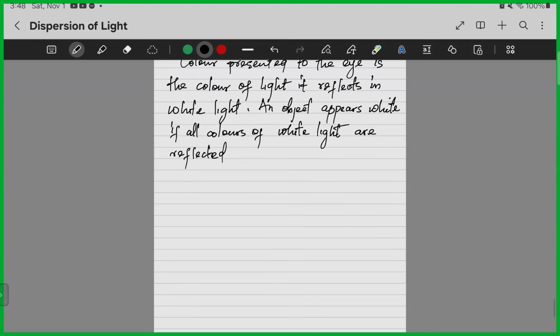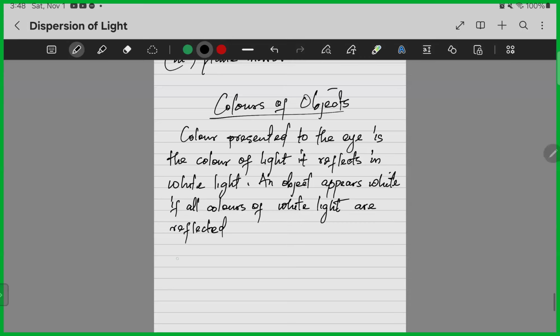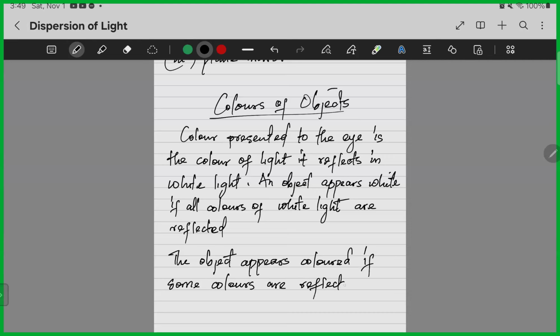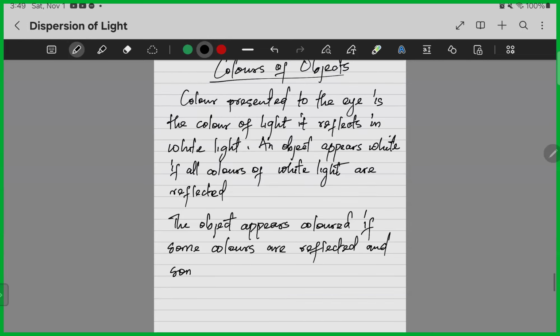But the idea here is that now the object appears colored if some colors, out of ROYGBIV, some colors are reflected and some are absorbed.